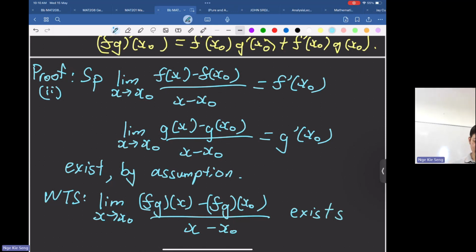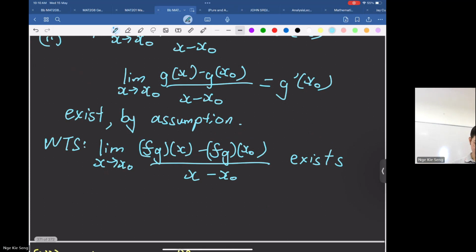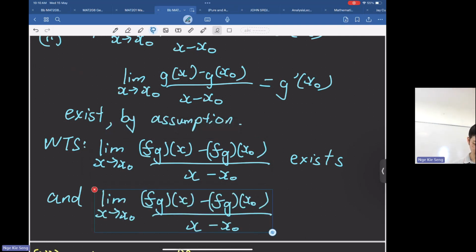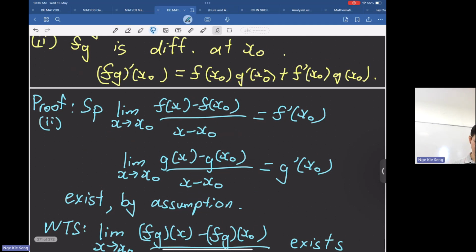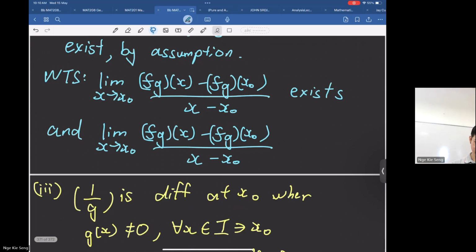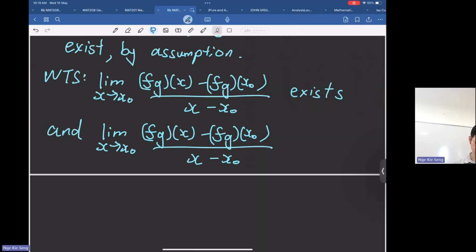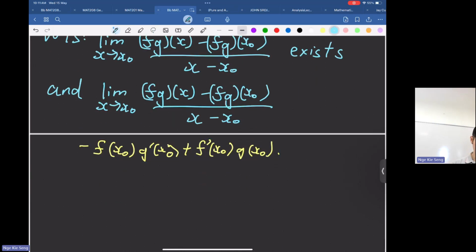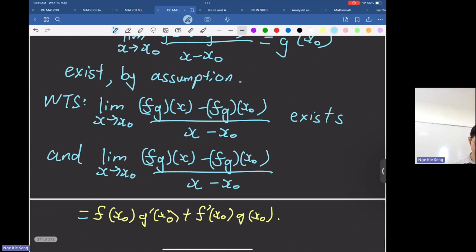Not only does it exist, this number is also equal to the formula, your famous product rule formula here.